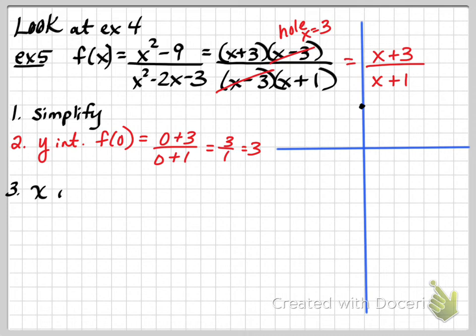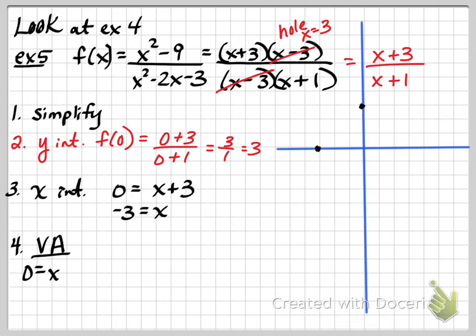Step 3, let's find the x-intercepts by setting the numerator equal to 0, and we'll use the simplified version. So go to -3 on the x-axis and put a point. There's your x-intercept. Step 4, let's find any vertical asymptotes by setting the denominator equal to 0. Go to -1 on the x-axis, cross it with an asymptote.